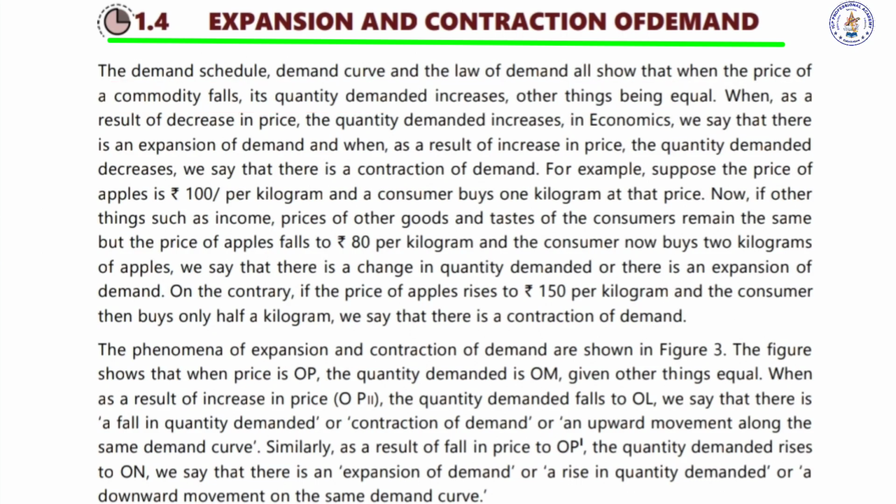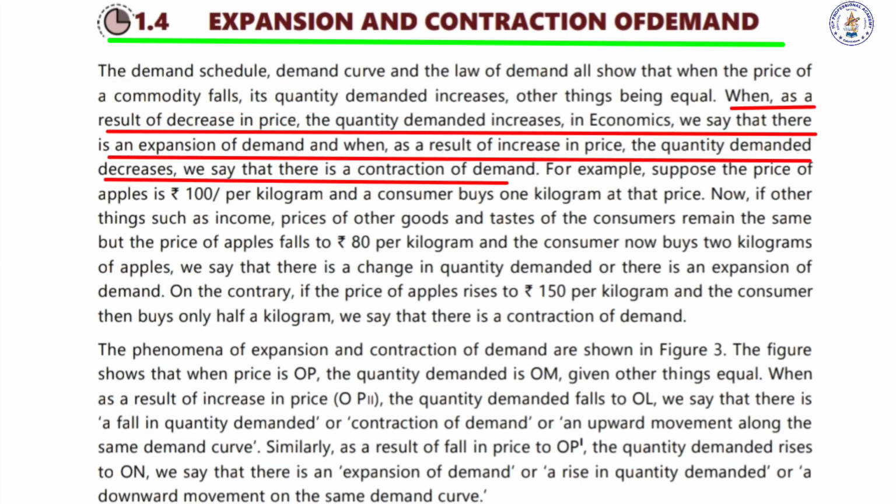As a result of the decrease or increase in the price, the quantity demanded alone changes. Either it increases or decreases. So this is what is called expansion and contraction of demand in economics.